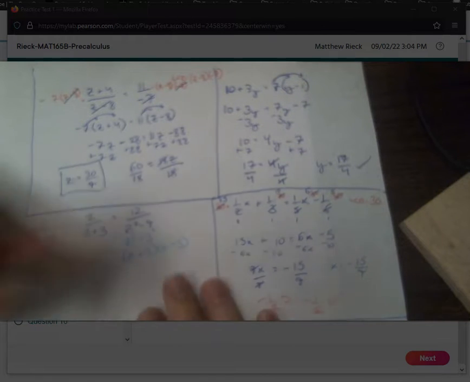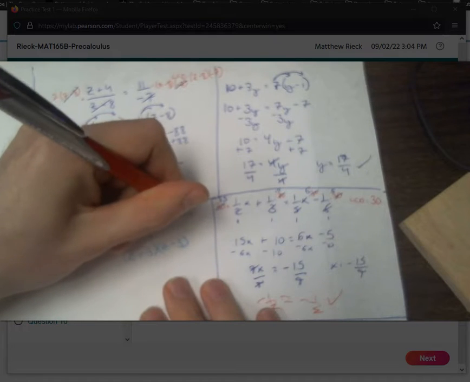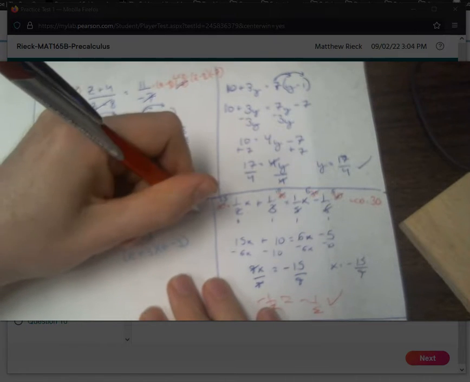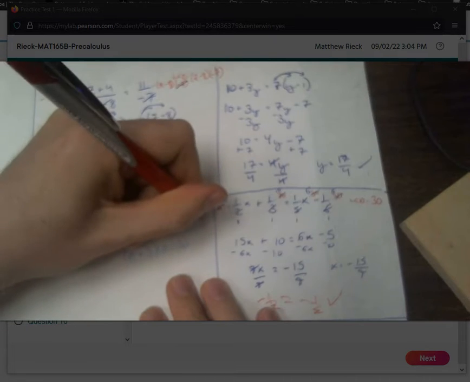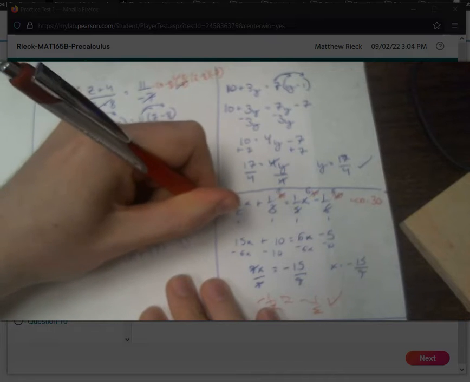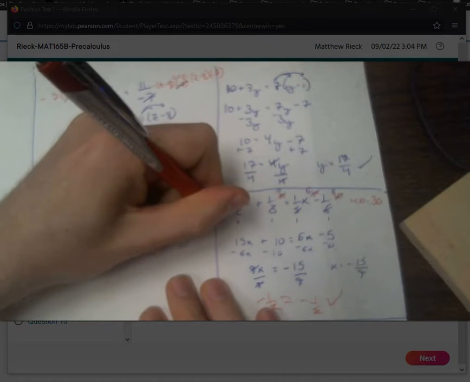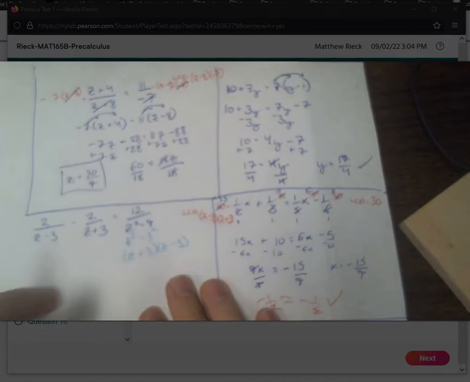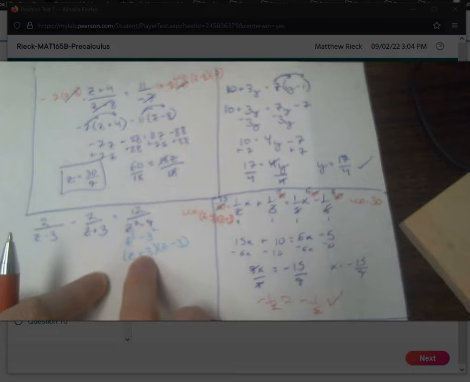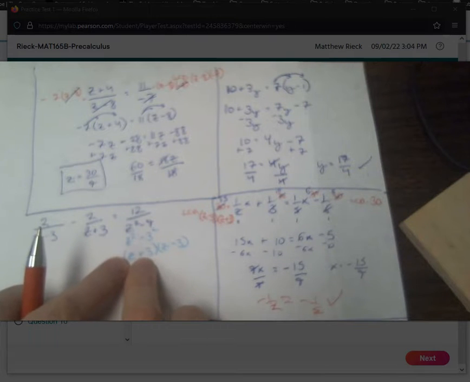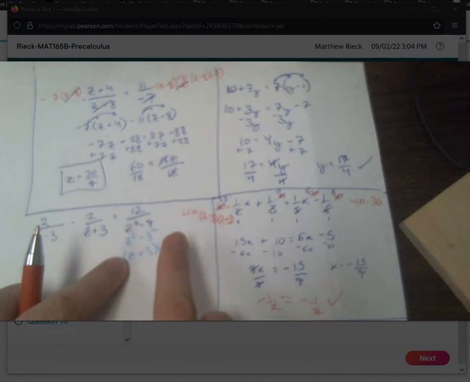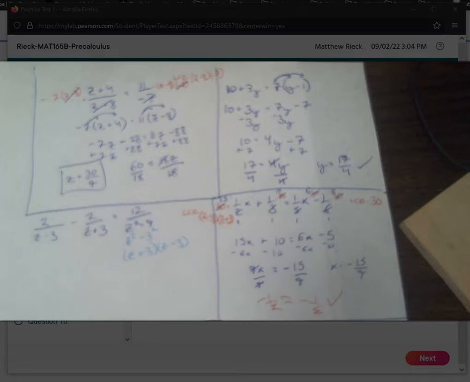All right, so then my least common denominator in this instance is going to be z minus 3 times z plus 3. Again, when I go on to this next one, I've already accounted for the z plus 3, so I don't need to include that again. And I've also accounted for the z minus 3, so I don't need to include that either. So that is going to be my least common denominator.